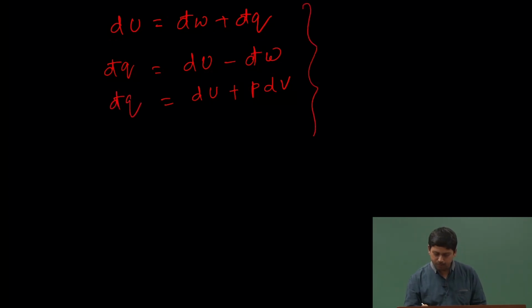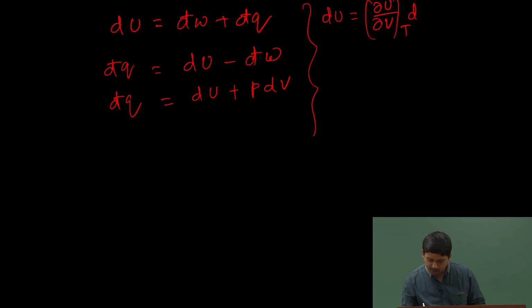Now what is dU? You will see the importance of exact differential. dU is an exact differential and U depends on both V and T. So let us write it as del U by del V at constant T dV plus del U by del T at constant V dT.